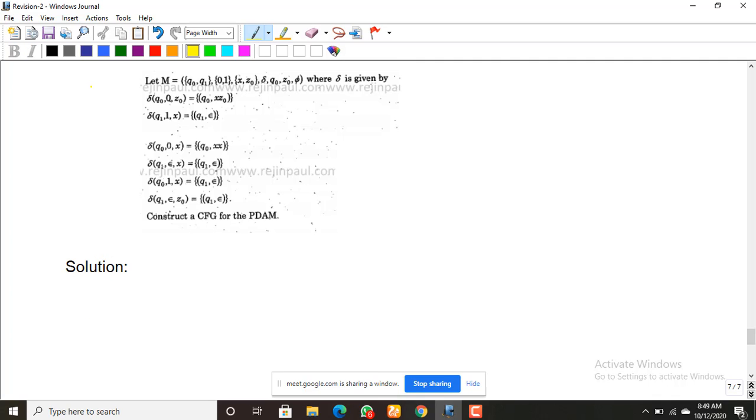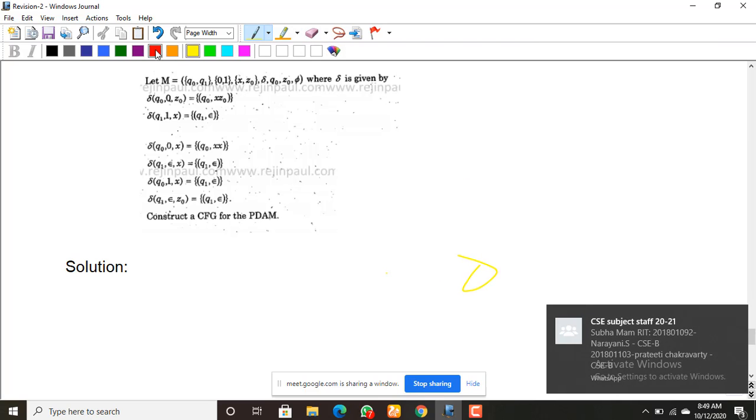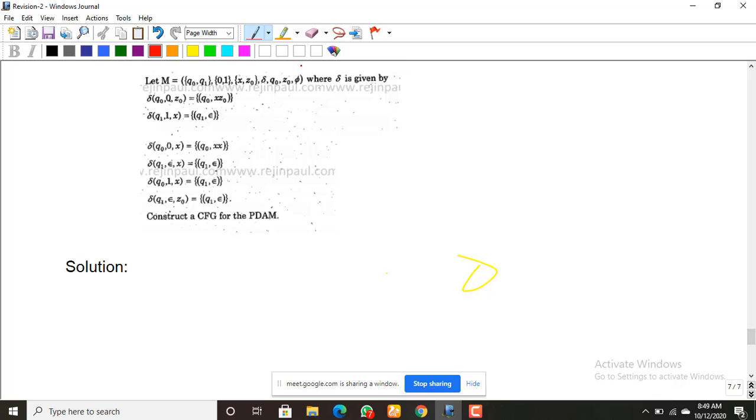In the solution part, first I have to write the starting state, that is, the starting symbol. Every context-free grammar has some starting symbol, like S. I have to write the grammar for the starting symbol first, which is mandatory for every pushdown automata to context-free grammar conversion.